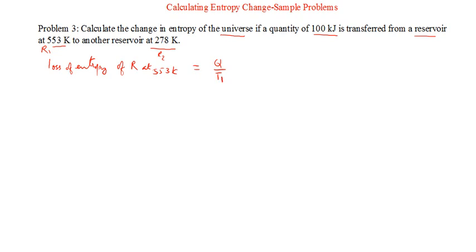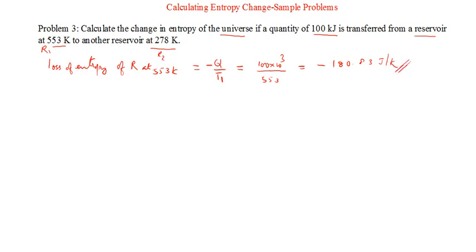So it is a loss of entropy, so I have to write it as minus. That is equal to 100 kilojoules, so 100 into 10 raised to 3 joules, divided by T1, which is 553 Kelvin. You work this out and you get minus 180.83 joule per Kelvin. Minus is there because it is a loss of entropy by the high temperature reservoir. That will be the answer.